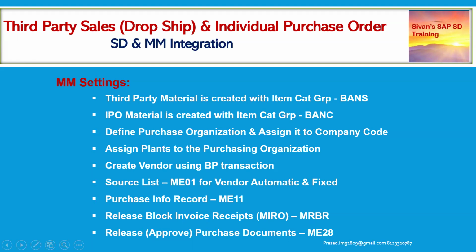Sometimes the release strategy in the backend might have been assigned to the purchasing documents. Hence, we need to go to ME28 to release the purchase documents. So these are all the backend settings. They will take care of it.